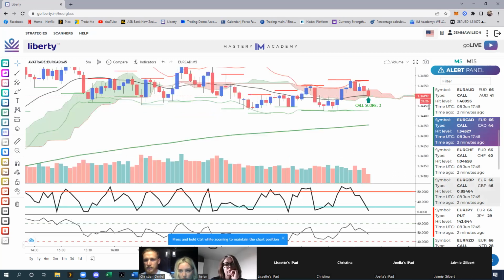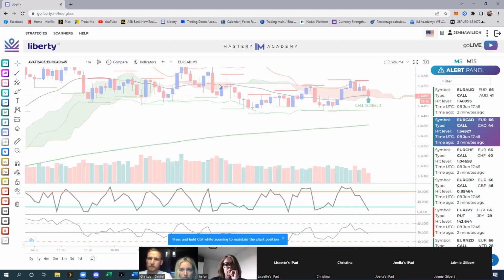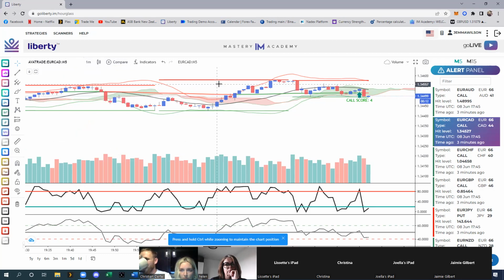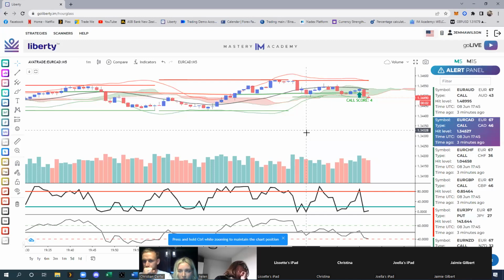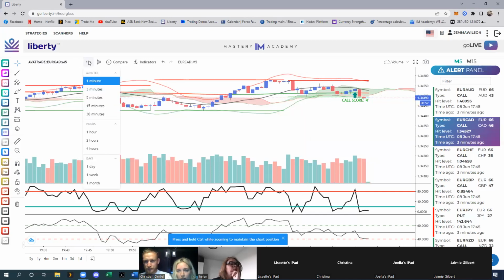Again, quite often you won't see this until the new candle, so you're kind of just jumping between them and seeing. Okay, a little bit of volume.